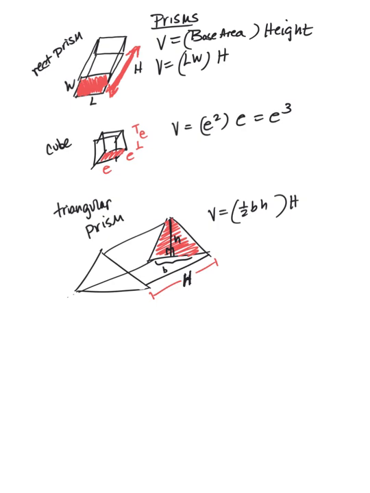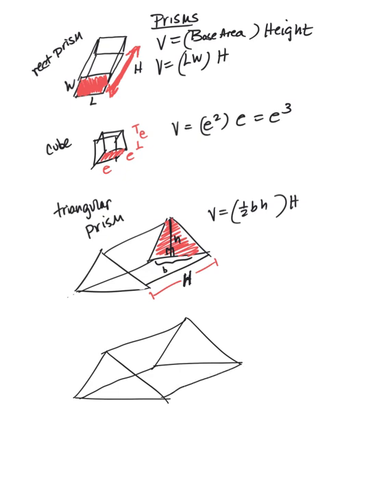So you just have to be prepared to figure these out. So let's say I gave you numbers here. So let's say the base of the triangle is 10. Let's say the height of the triangle, okay, we'll say it's 7. And then you have the height of the actual prism, which we'll say is 20.